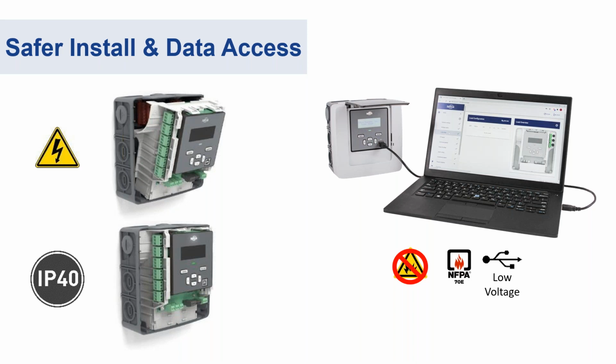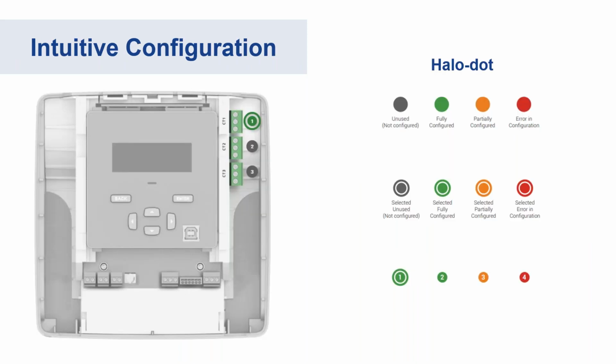IP40 installation characteristics, and then an ability to both connect to and also power the meter from simple USB connectivity to a laptop computer. Once I get into the meter itself, I'm going to access it by either USB or by an IP address, and that could be a local IP address that it ships with, or if you have it installed and you've already got a DHCP address that's assigned to it.